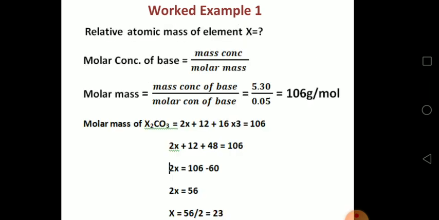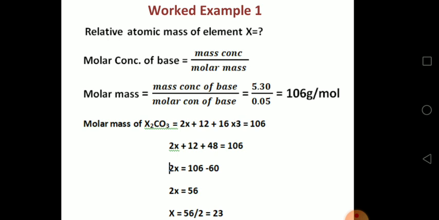Relative atomic mass of the element X, that is what we are about to look for. In order to look for the relative atomic mass of the element X, we just use the formula: molar conc of the base is equivalent to mass conc over the molar mass. Since we know the mass conc of the base we've been given, then we can find the molar mass of the base.